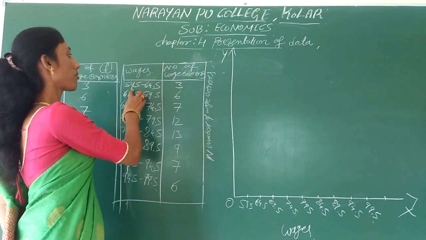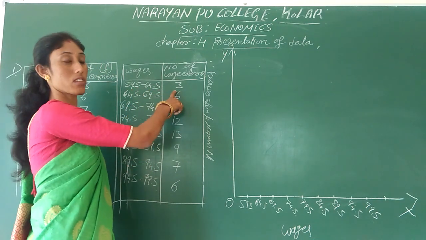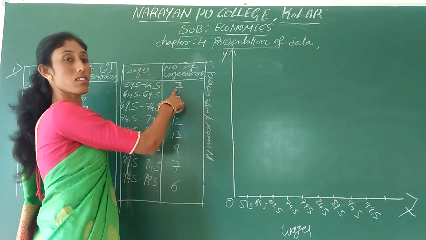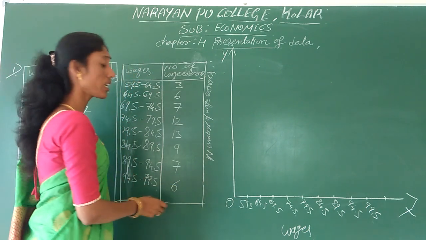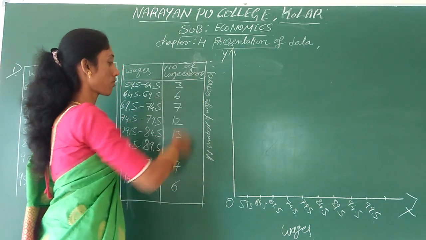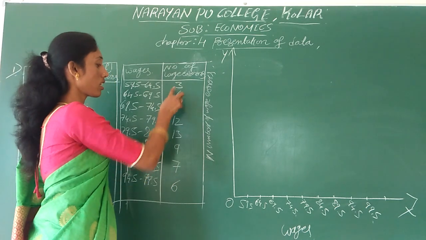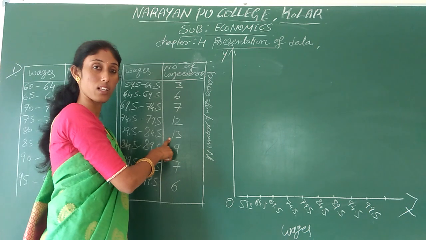Now, from 59.5 to 64.5, what is the number of workers or earners? There are 3, right? Now we take a class interval here to measure these values. The minimum value is 3, the maximum is 13. Shall we take 2 as a class interval?